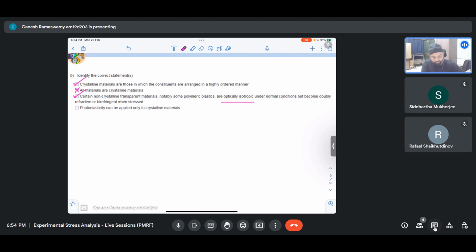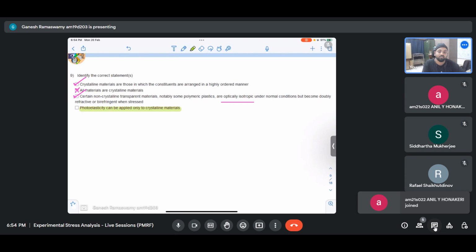Photoelasticity can be applied only to crystalline solids. Does anybody have an answer to this, whether this is true or false, that photoelasticity can only be applied to crystalline materials? It begs the question, which is the variant of photoelasticity that we are talking about? If it is transmission photoelasticity, then yes, because the principle on which that works is that the model behaves as a crystal.